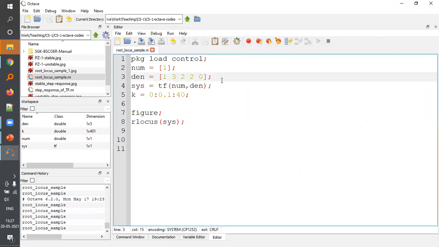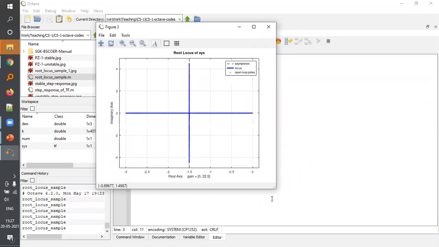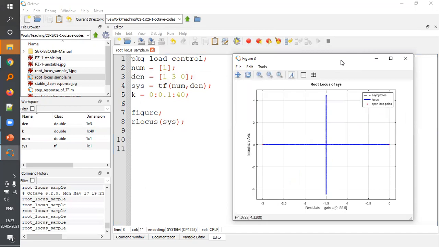Now, since I increased the order, let me decrease it also and show you what happens there. Now, obviously, this has a very simple root locus, though it is not really going to happen. But still, you can see these are the poles.